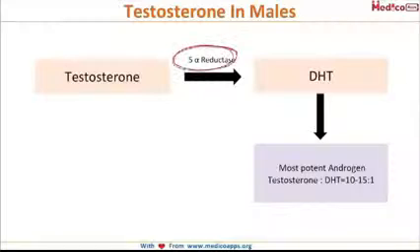This 5-alpha reductase converts testosterone into dihydrotestosterone, which is the most potent androgen. And what is the ratio of testosterone to dihydrotestosterone? It is 10 to 15 is to 1. See, the most potent androgen is less in amount. So the ratio of testosterone to dihydrotestosterone is 10 to 15 is to 1.